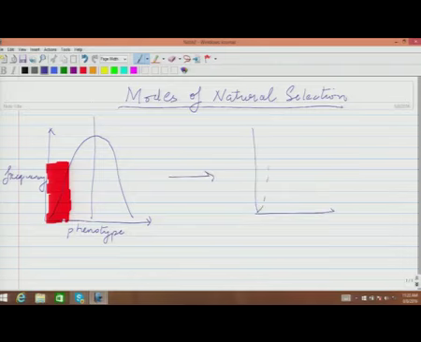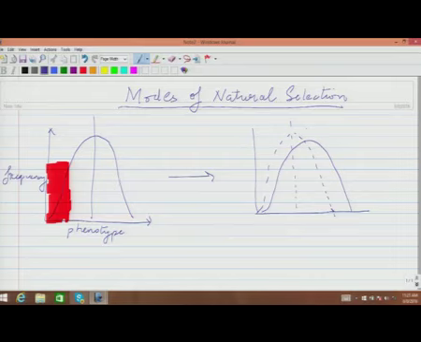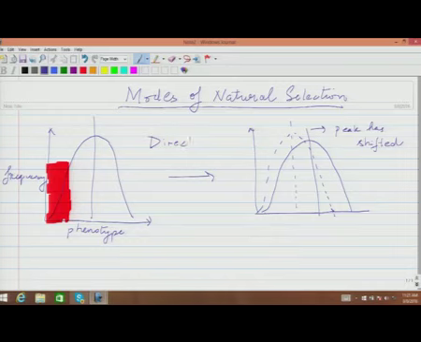The actual graph, which was like this, now it will show a directional change in its peak. We see that the peak has shifted. This type of natural selection is also known as directional selection.